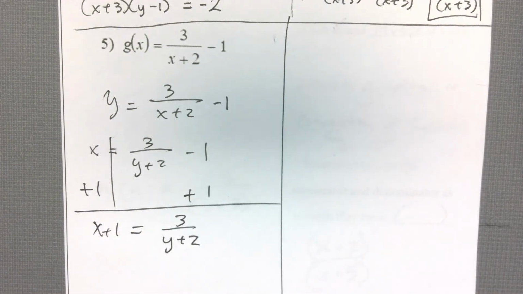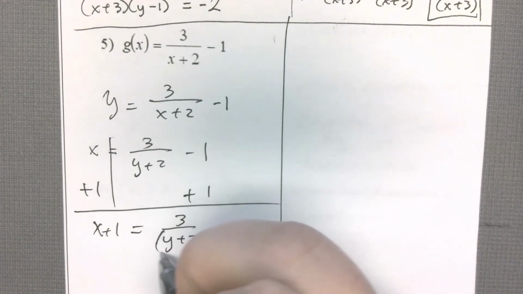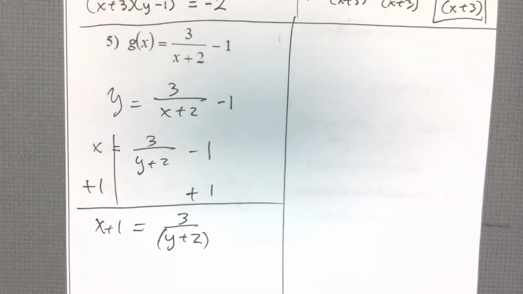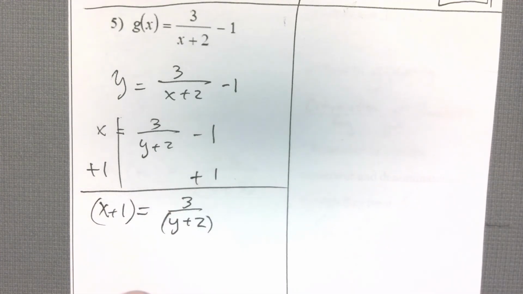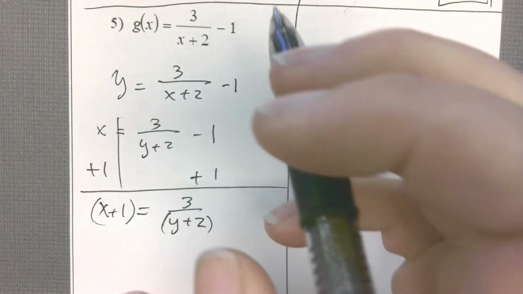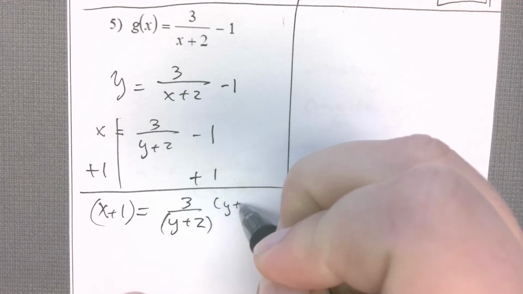Pause, because I'm probably going way too fast. Pardon? Good. Parentheses around the X. Multiply by what? What are we trying to get up? We want that Y up.